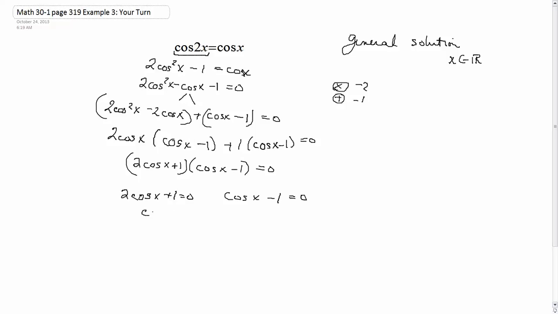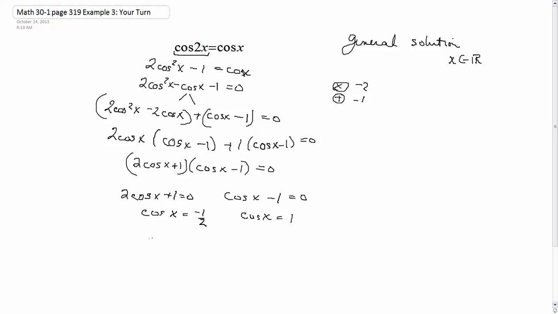Solve for cos x. We have cos x is equal to -1/2, and again solve for cos x, and cos x is equal to 1. So if we stay within that first cycle from 0 to 2 pi, we can recognize that cos x is equal to -1/2, and cos is negative in quadrant 2 and quadrant 3.